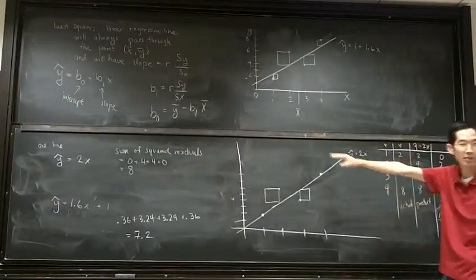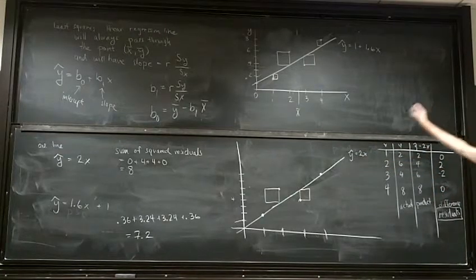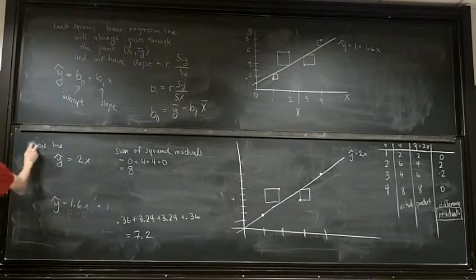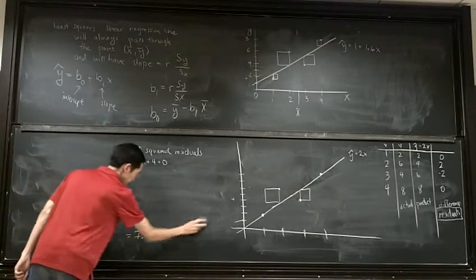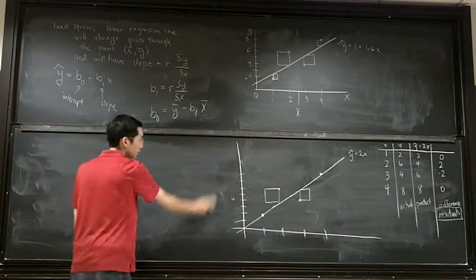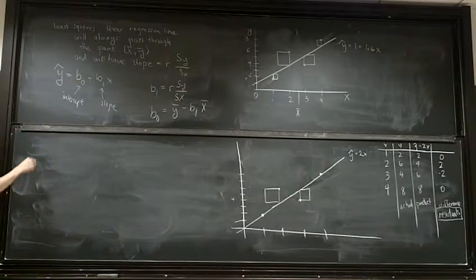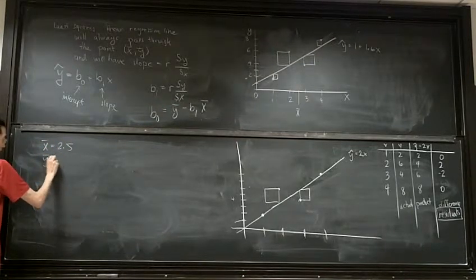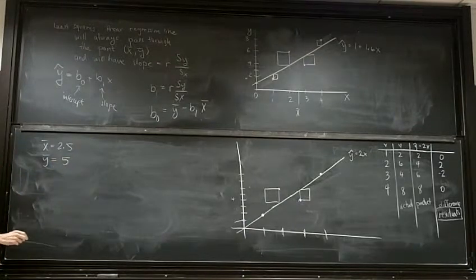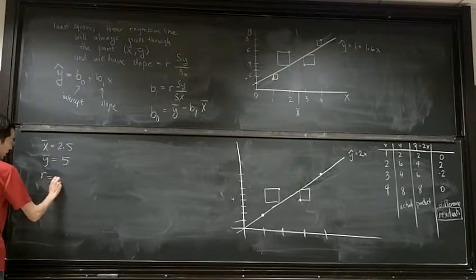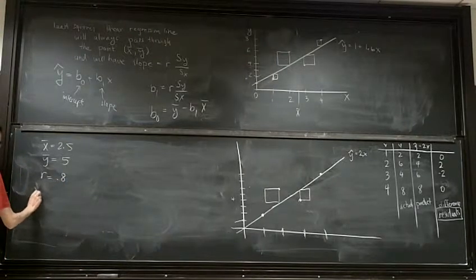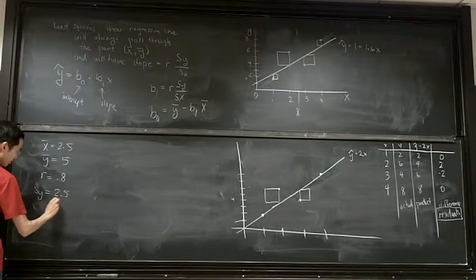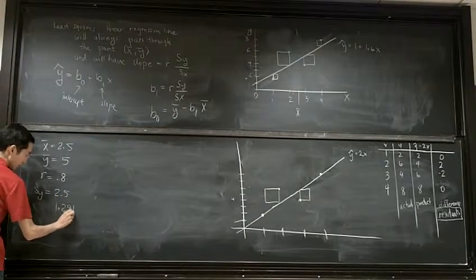Okay, and so that's how I came up with this line, y hat equals 1 plus 1.6x. Because of my data, when we were looking at the bedrooms and the closets, we knew that x bar was 2.5, y bar was 5. We had a correlation of 0.8. And the standard deviation of y was 2.5 something, and the standard deviation of x was 2.1 something.